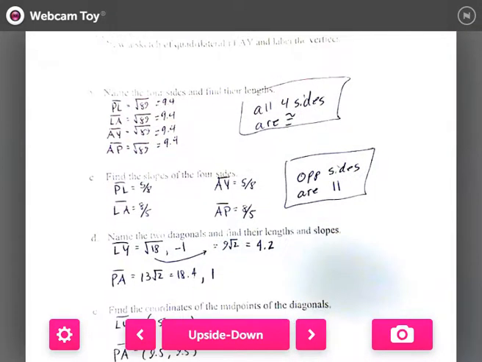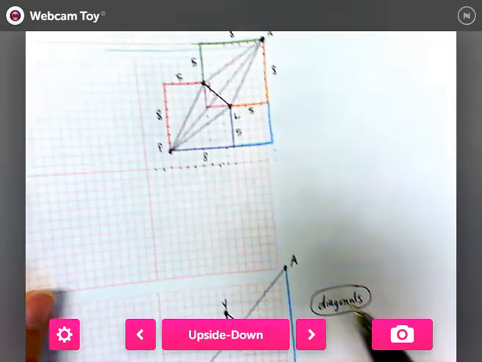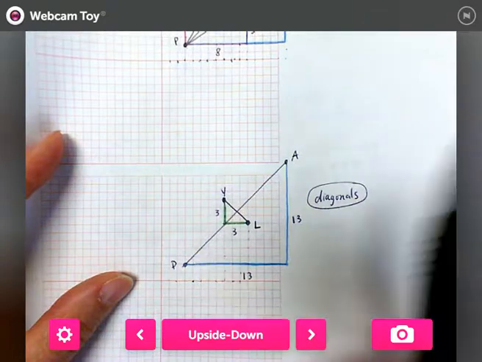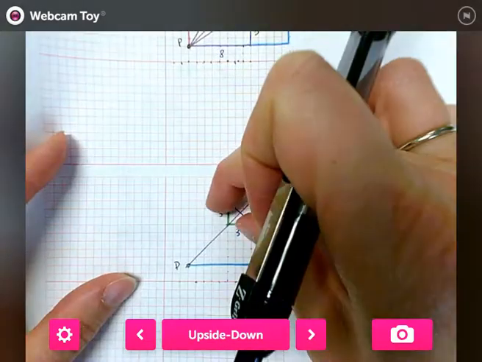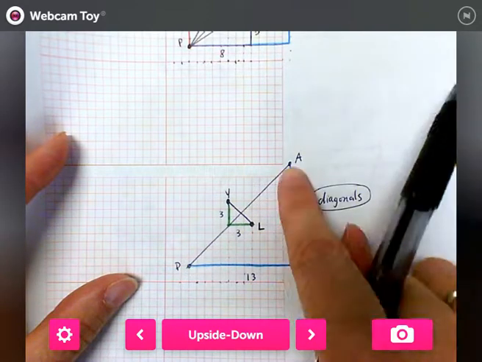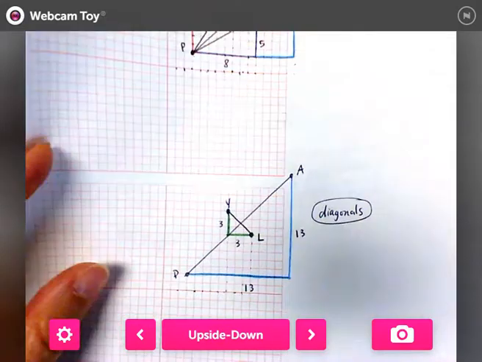We found the lengths of the diagonals. Those look a little funny, and Mr. B drew the diagonals here. He drew A to P and Y to L separately on a separate graph so you guys could really see that we could still figure out those distances.